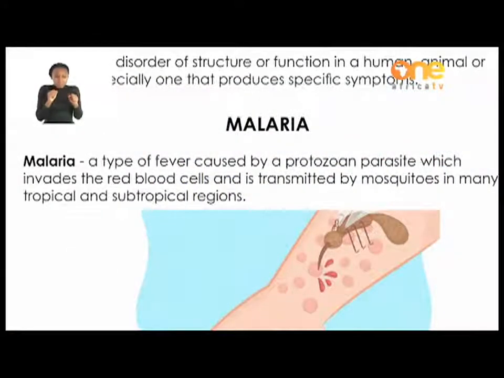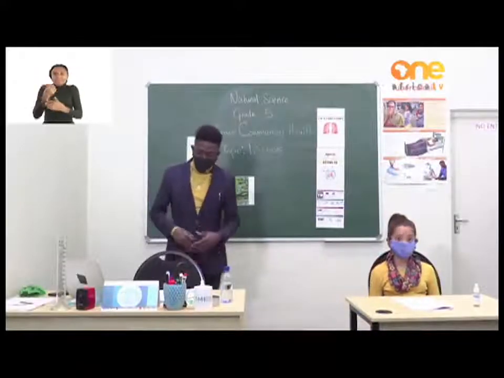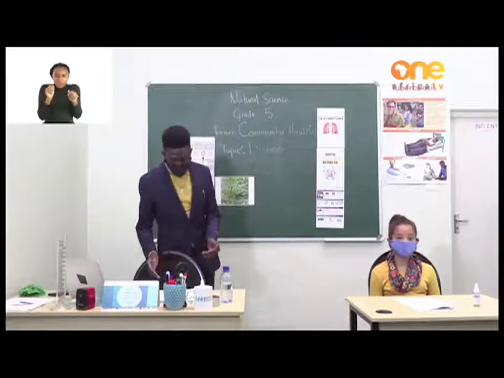What is malaria? Malaria is a type of fever caused by a protozoan parasite which invades the red blood cells and is transmitted by mosquitoes in many tropical and subtropical regions. We'll not go into detail to explain what malaria is further.